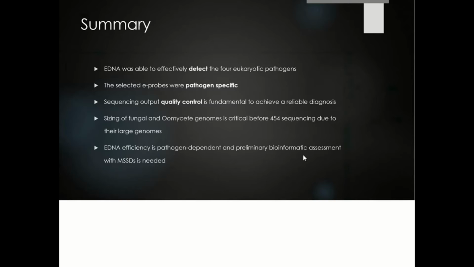So another part of the summary, the selected eProbes were pathogen specific, as I was showing previously. The sequencing output quality control is fundamental to achieve a reliable diagnosis. Sizing of fungal genomes is critical before 454 sequencing due to their large genomes. I already mentioned that.